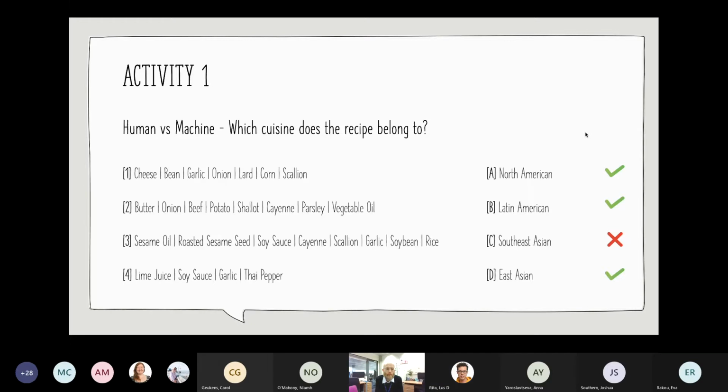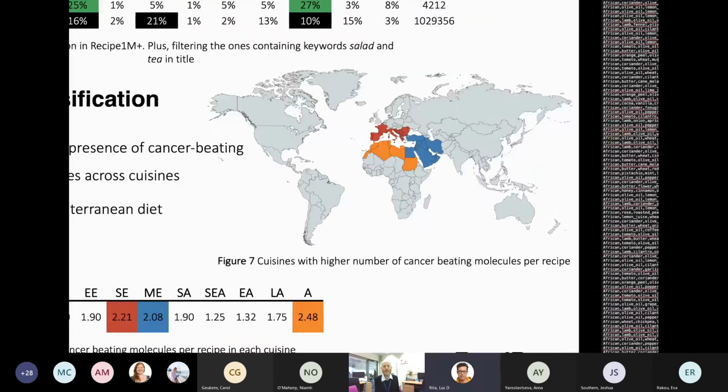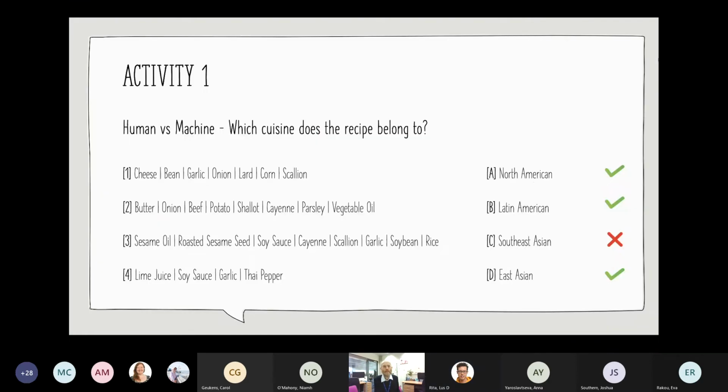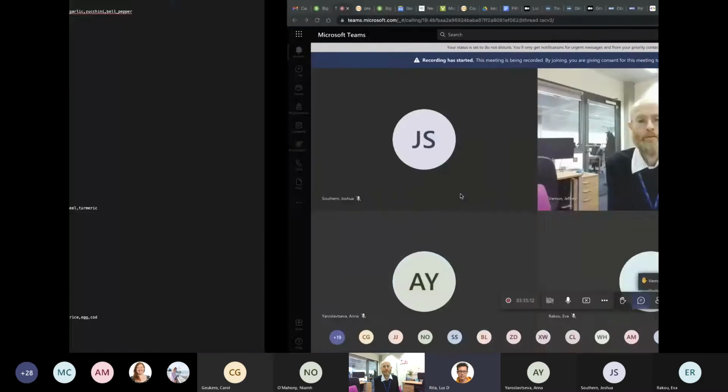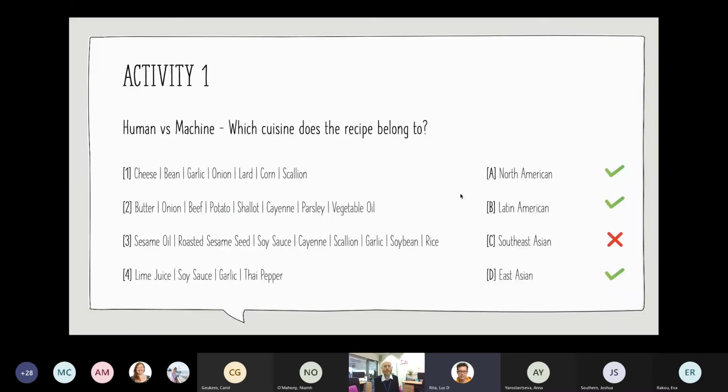But don't forget that this model predicted 3/4 of these cuisines correctly in half a second. So let's see if you can do better than that. I'm probably going to stop sharing my screen. But I cannot stop sharing my screen, otherwise you'll not see the list of ingredients and the cuisines.